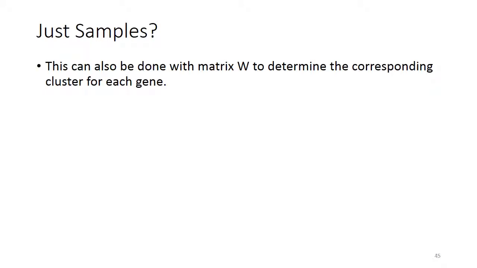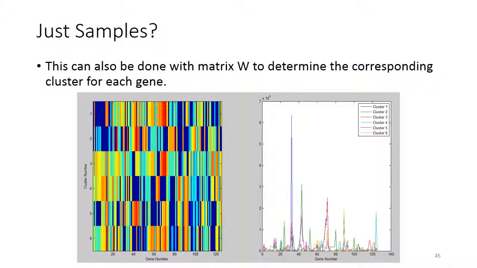This can also be done for the genes, not just the samples. By doing this with the W matrix, we can determine a cluster for each gene. But as we can see, very quickly these plots and heat maps get quite busy, and it can be quite hard to determine what these plots are telling us.